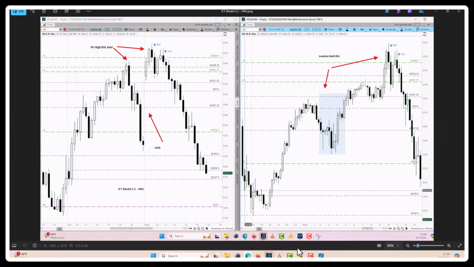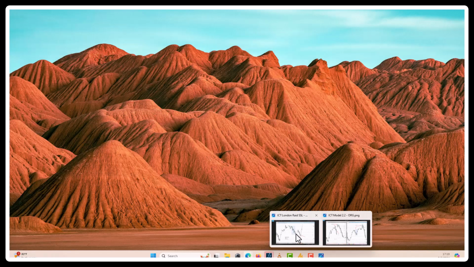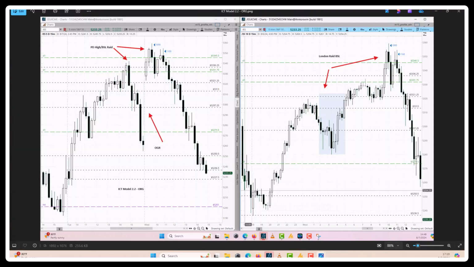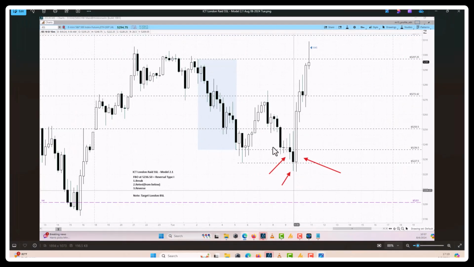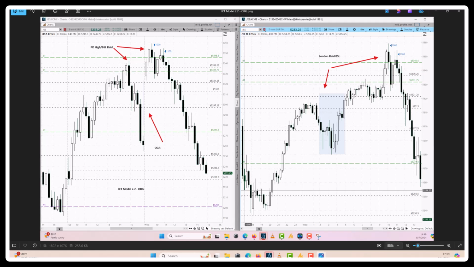And yesterday it was kind of before 9:30, I guess. It already raided the London, and then boom at 9:30 it reversed. Very accurate right there. So this is for today right there. Beautiful short setup right there.